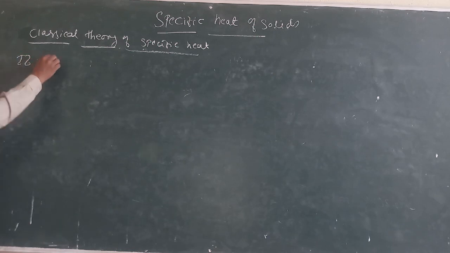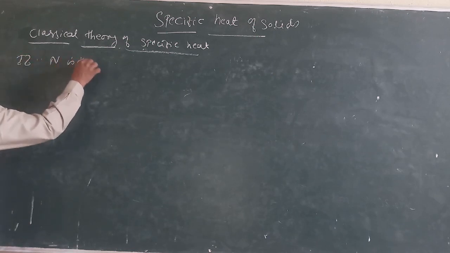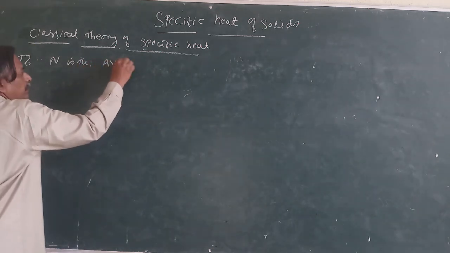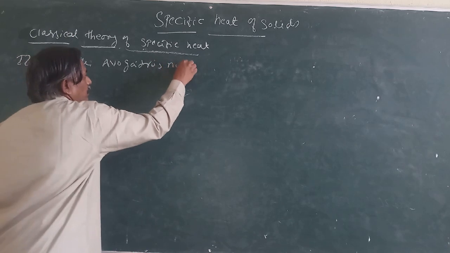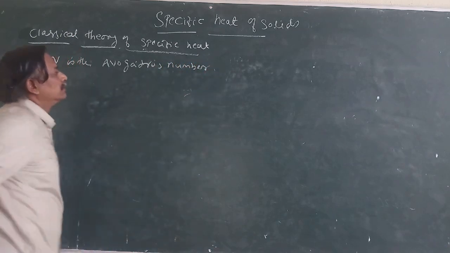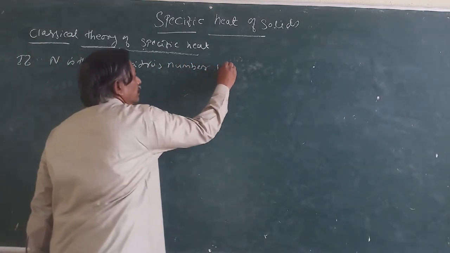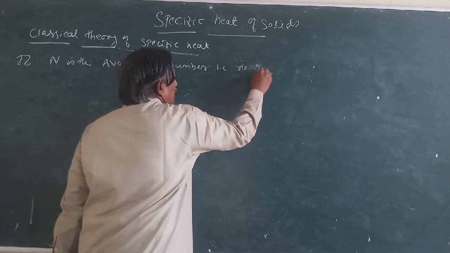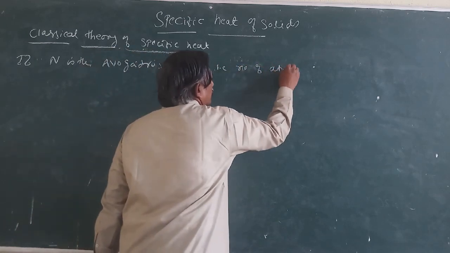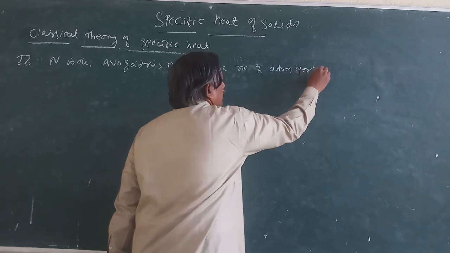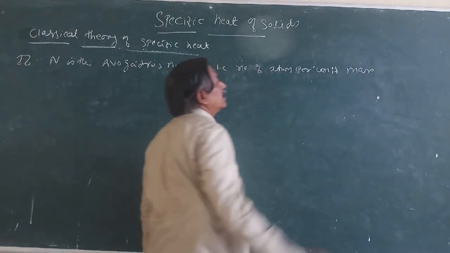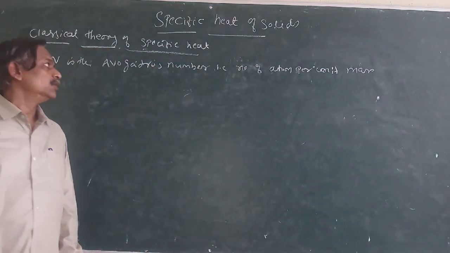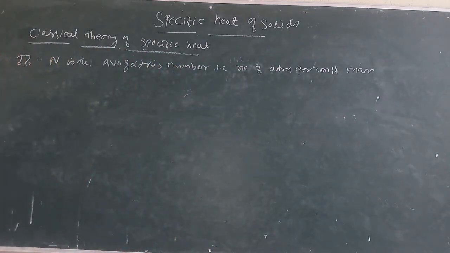Now if n is the Avogadro number, that is the number of atoms per unit mass, we will include this n in that equation.